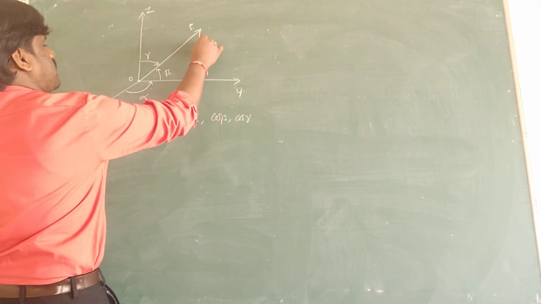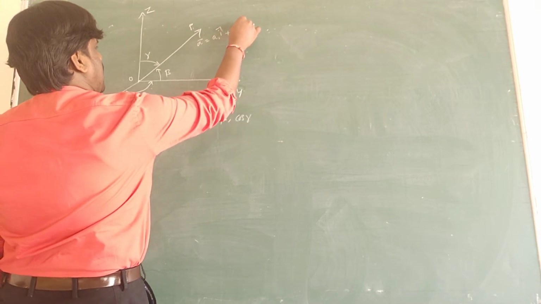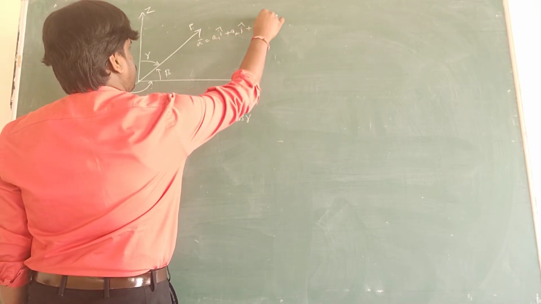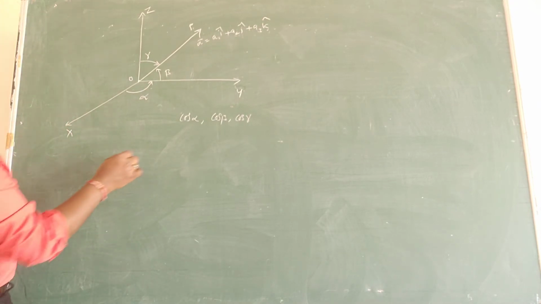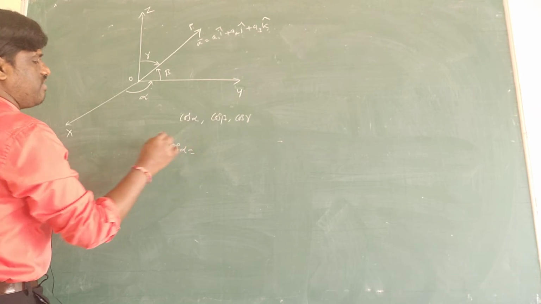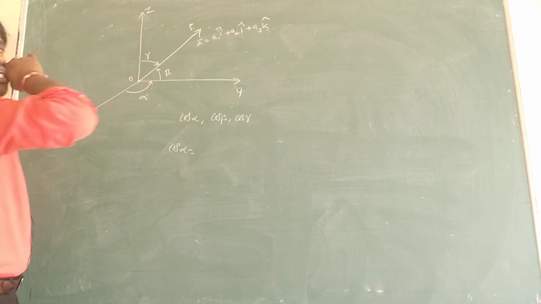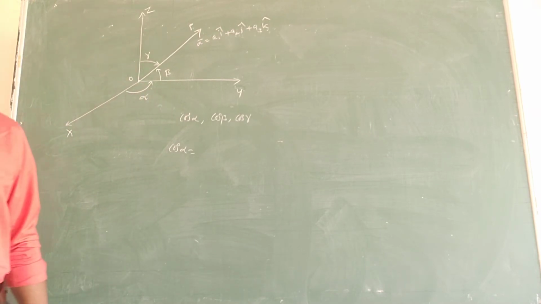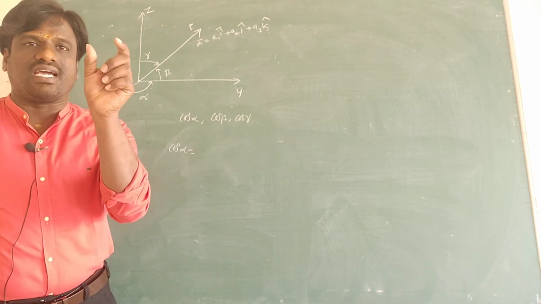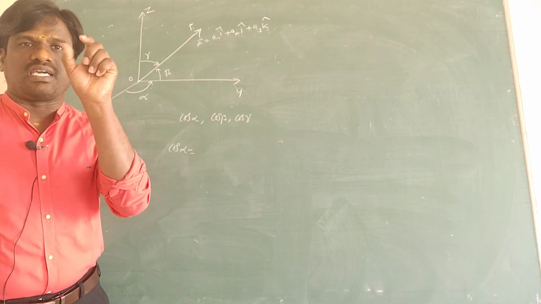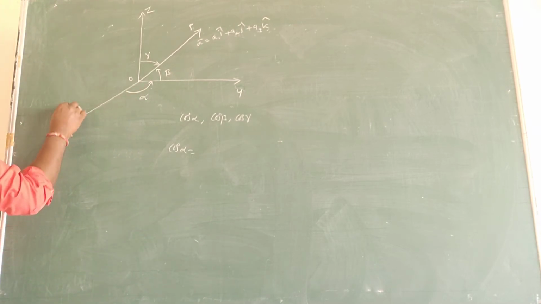With this line, a vector a1 i cap plus a2 j cap plus a3 k cap, suppose this is a vector making the angle, then the formula is cos alpha is equal to a1 by magnitude of a. Because with the x-axis it is making the angle, listen here: the direction of x-axis is the i component.